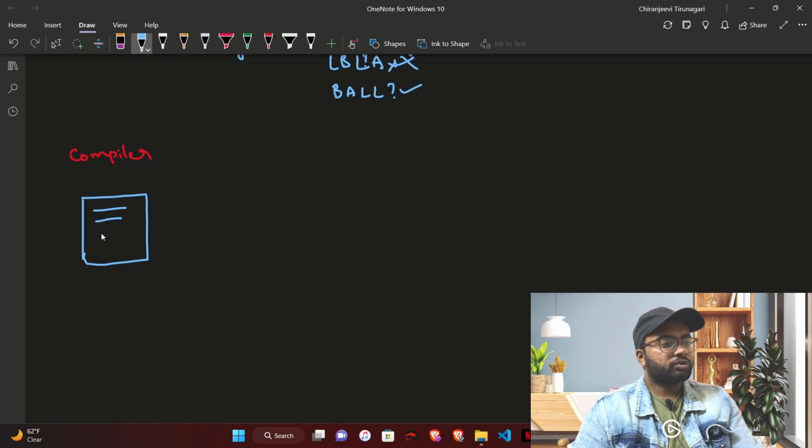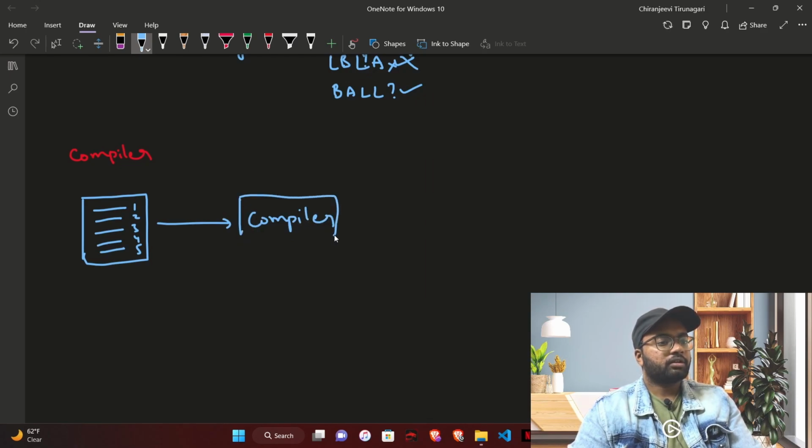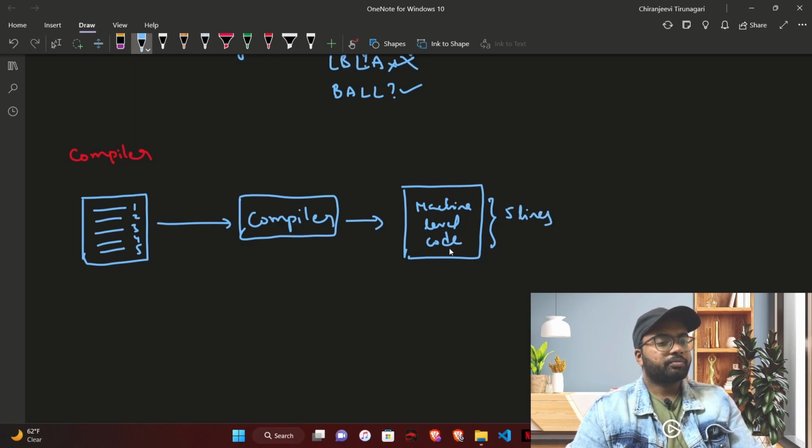You have 1, 2, 3, 4, 5 lines of code, and you pass it to the compiler, and it gives the equivalent machine level code for all 5 lines, and this is passed to the OS, which executes it.